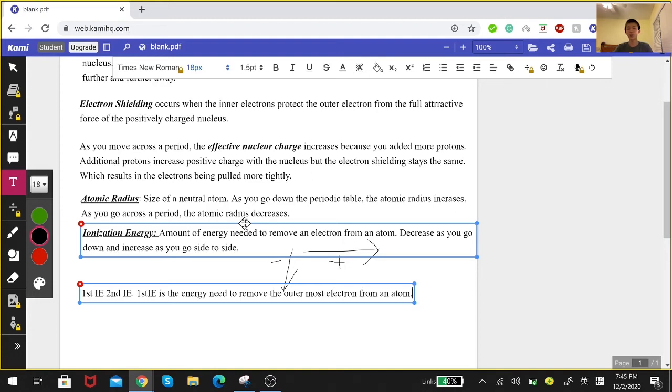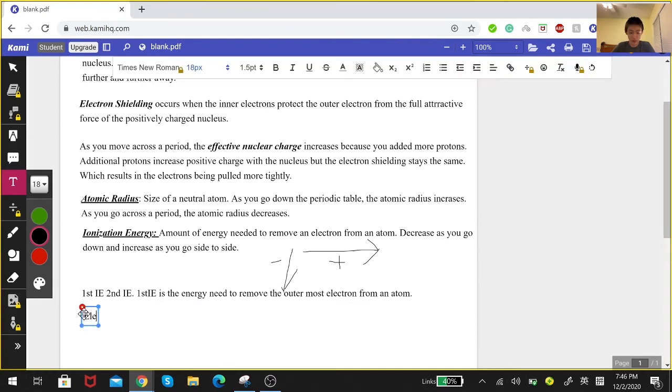First ionization energy is pulling away the outermost electron, and after you remove all the valence electrons, it goes layer by layer. So if an element has 5 valence electrons, the first IE will be for one of the valence electrons, the second IE will be for another of the valence electrons, and so on until you get to the 6th IE. Then that will be the second layer of electrons, because all the valence electrons have already been removed.